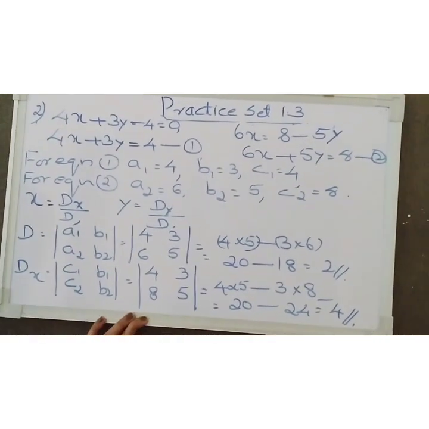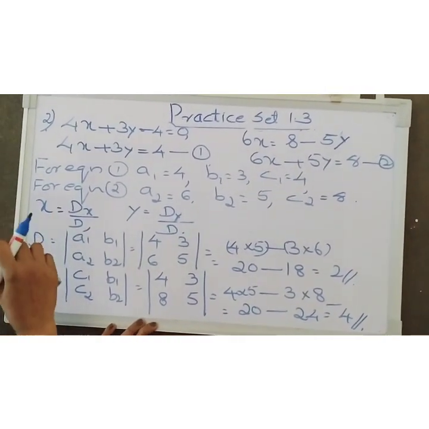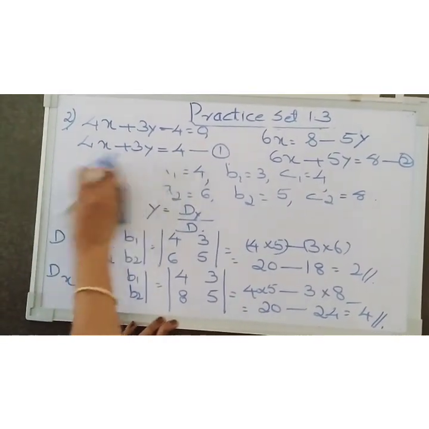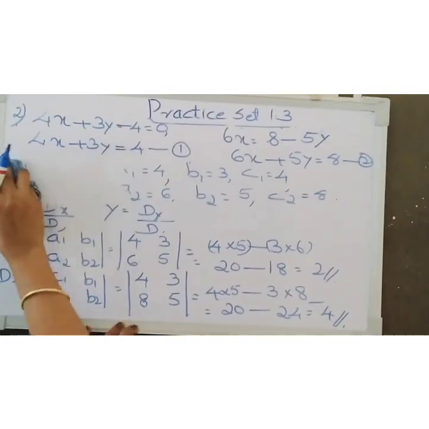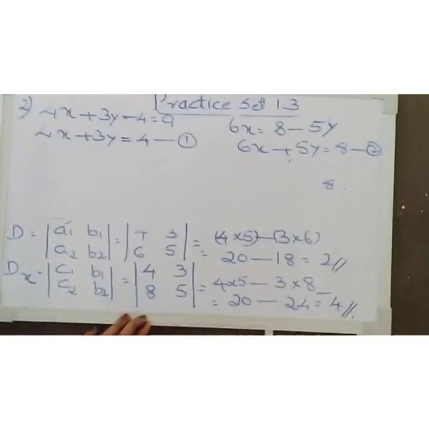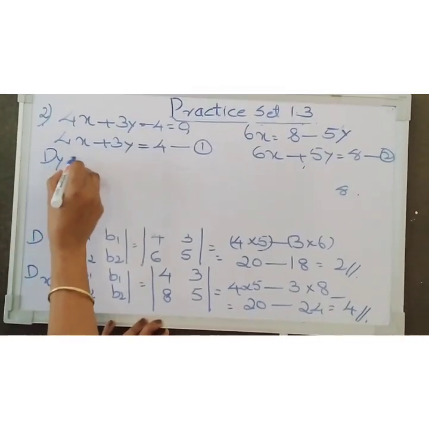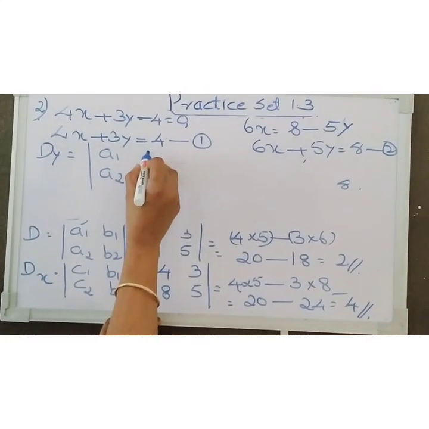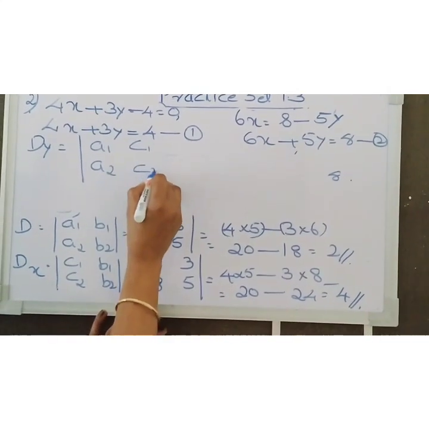And next one, dy is equal to the determinant of a1, a2 and c1, c2.